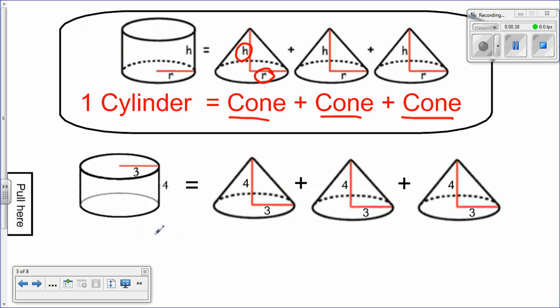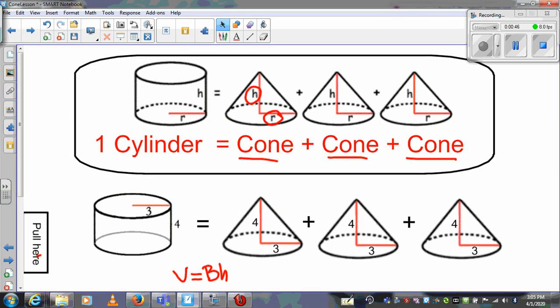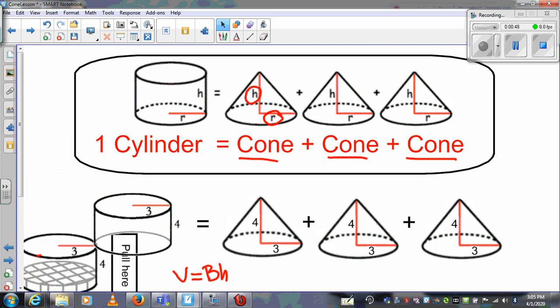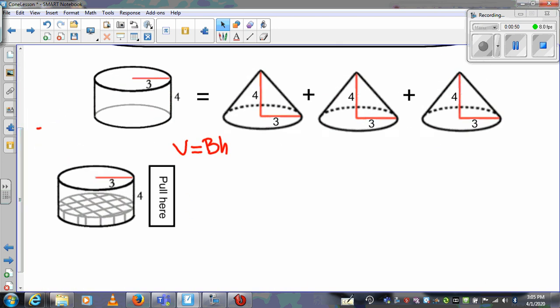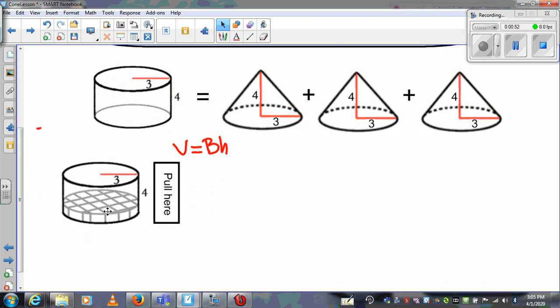If you remember our formula for finding volume, it's big B times h. So I'm going to pull this right here, just to remind you of how we found volume. When we're looking for volume, we're going to find the volume of the bottom layer.